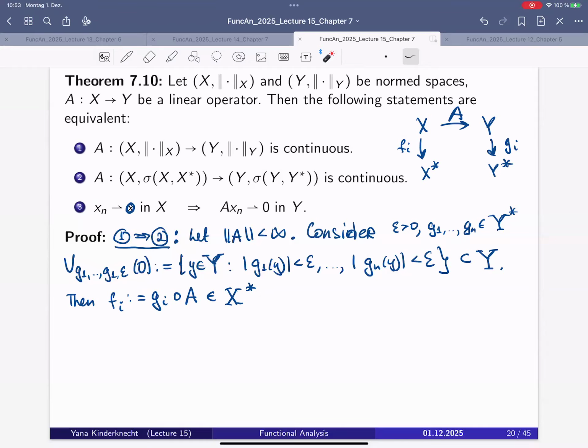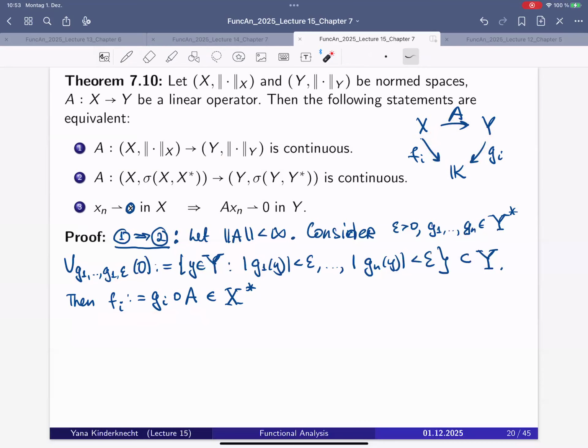Here we have A, here we have g_i, and here we have f_i. Okay, so now everything is fine. I mean, either here or here, we obtain the same.